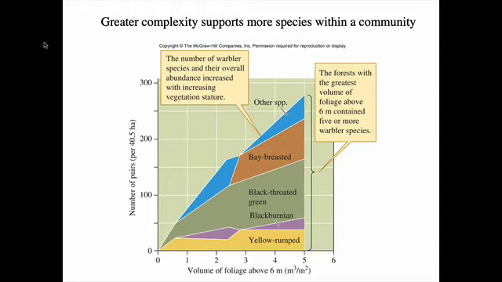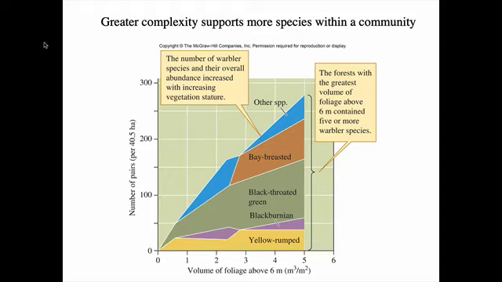The interesting thing is that there can be more shrub and herb and grass species in a community than tree species, but the complexity of the environment in terms of just the spatial complexity of branches and leaves that are available is strongly related to the number of birds you get.